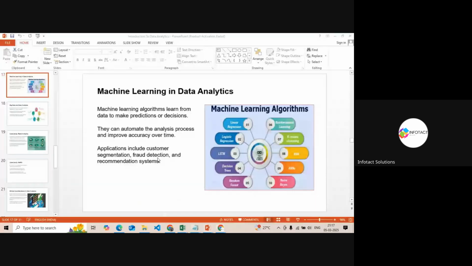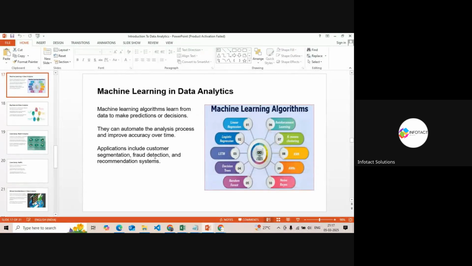So machine learning is nothing but a subset of artificial intelligence, and ML is the ability of a machine to learn from the data and replicate human behavior. It allows programs to learn automatically and makes computers more intelligent without being explicitly programmed.